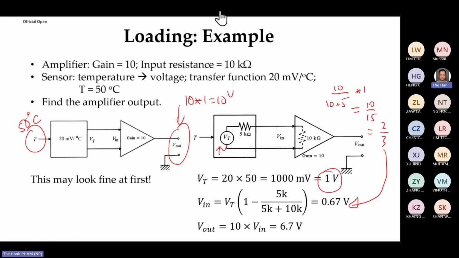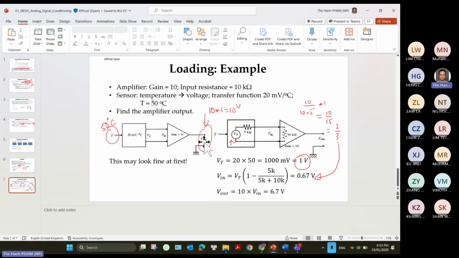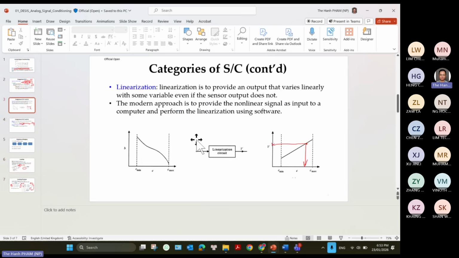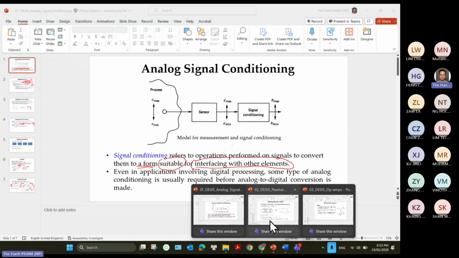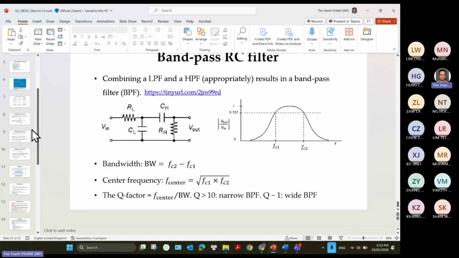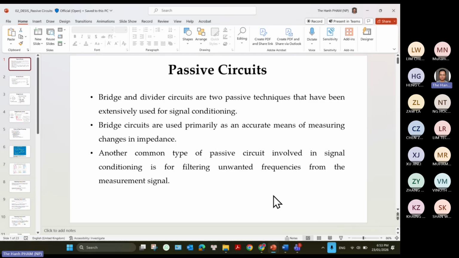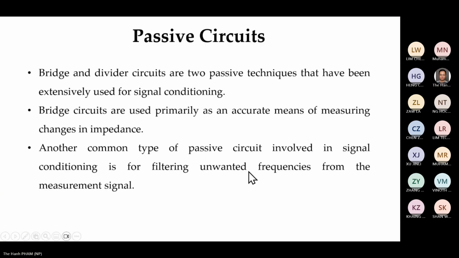So that is the one part of introducing analog signal conditioning. Now let's look at the typical example of circuits in analog signal conditioning.